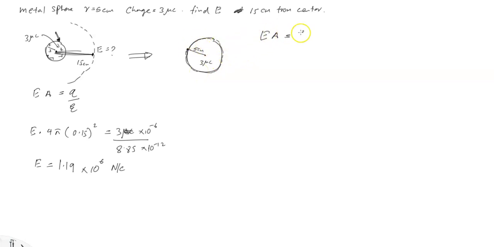So EA equals Q over epsilon naught. E times 4 pi, this time the Gauss surface also has the same radius, 0.05 squared, equals the charge inside, 3 times 10 to the negative 6, divided by 8.85 times 10 to the negative 12.